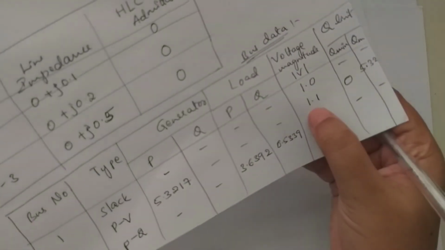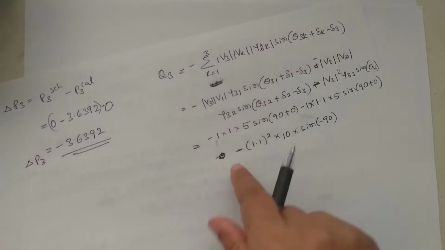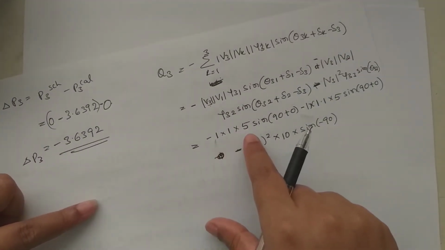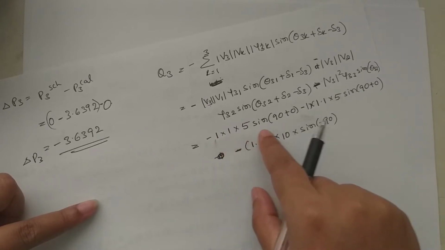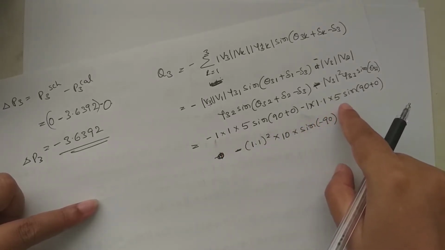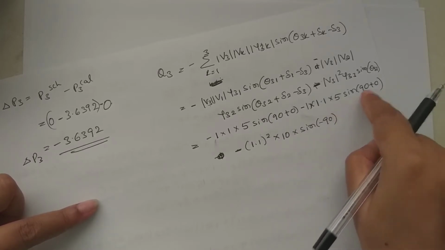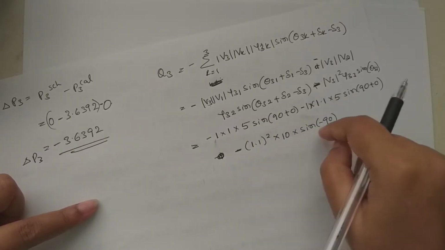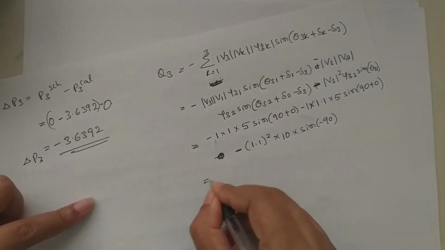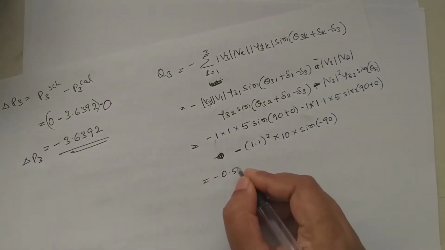Substituting that, we get minus 1 into 5 sin 90, minus 1.1 into 5 sin 90, minus 1.1 square into 10 sin minus 90. The answer we get is minus 0.5.